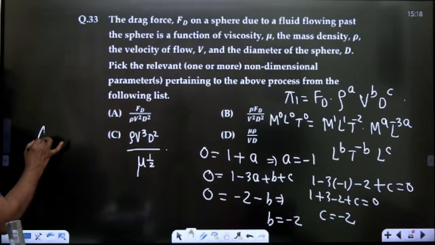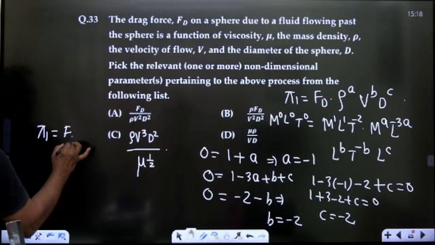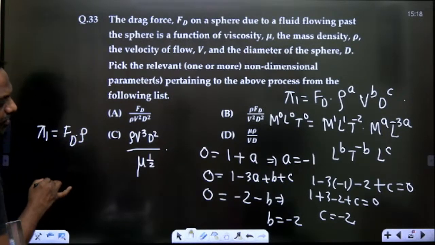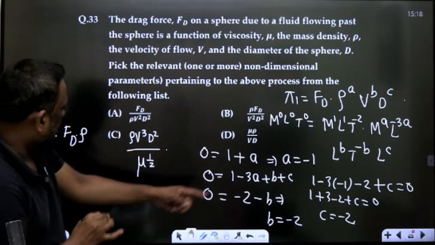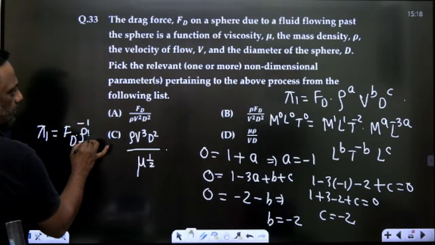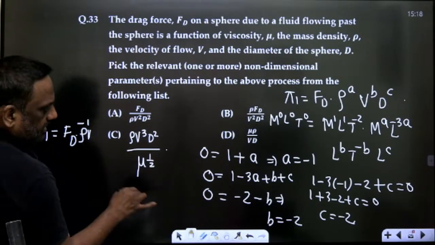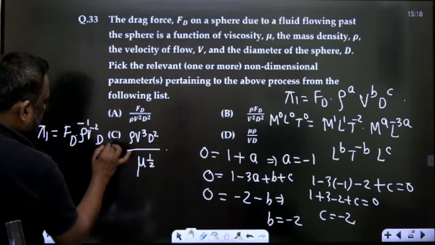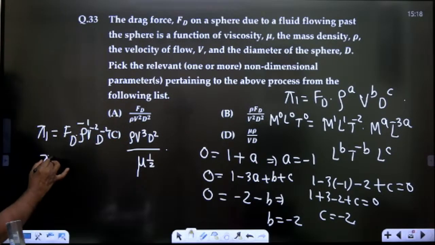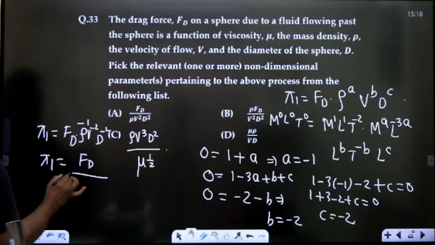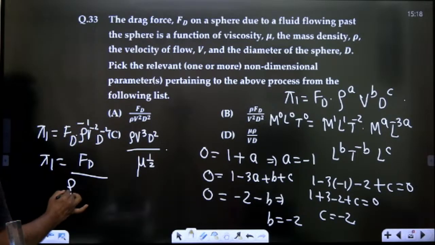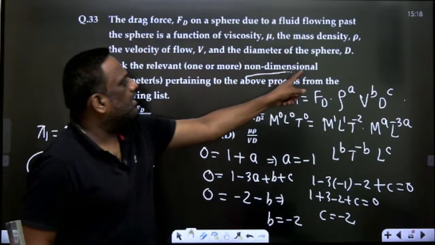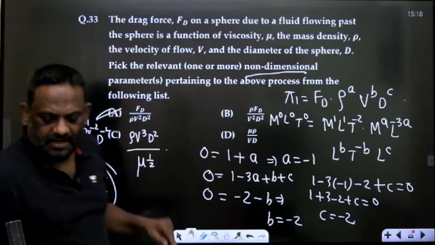Therefore pi 1 is equal to F times rho power a, a is -1, V power b, -2, D power c, -2. Can I write pi 1 as F divided by rho V squared D squared? Excellent. So this is the dimensionless non-dimensional number.